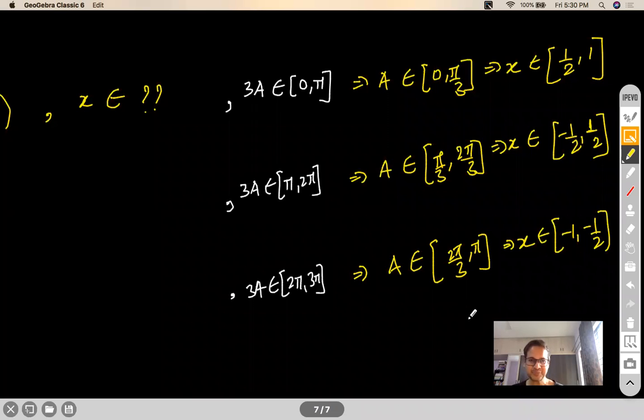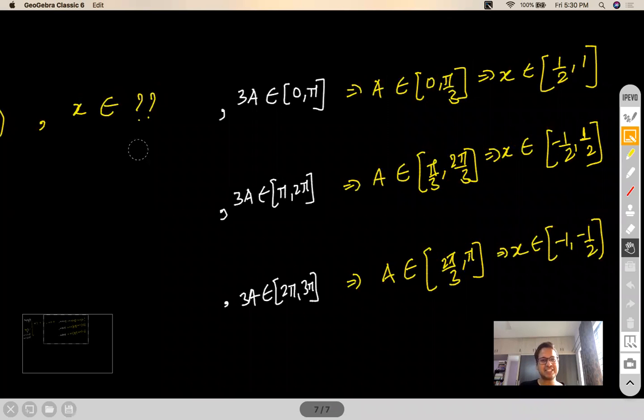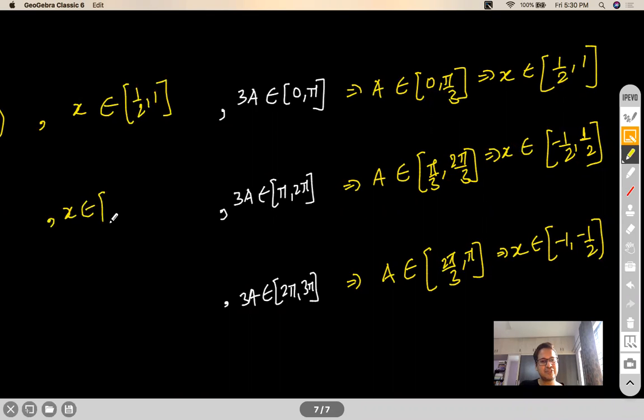Clear? Okay. So let me write down the intervals here because we have already figured them out. So one is from half to 1. Other is from -half to half. And other is from -1 to -half. Okay, so these are your intervals.